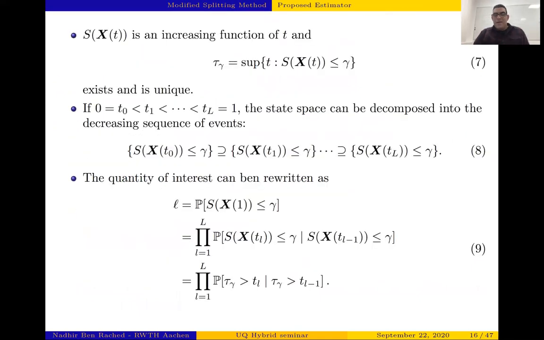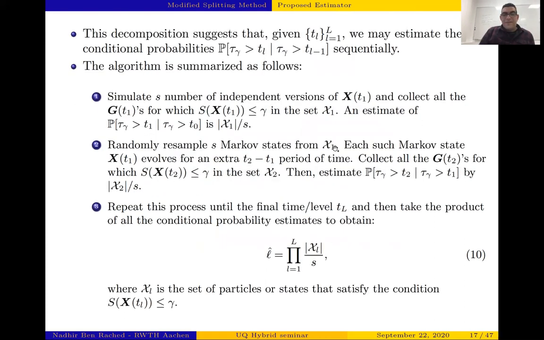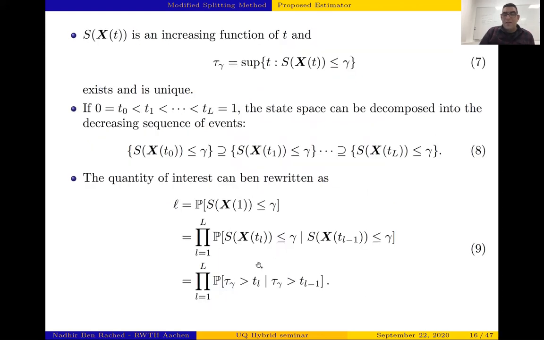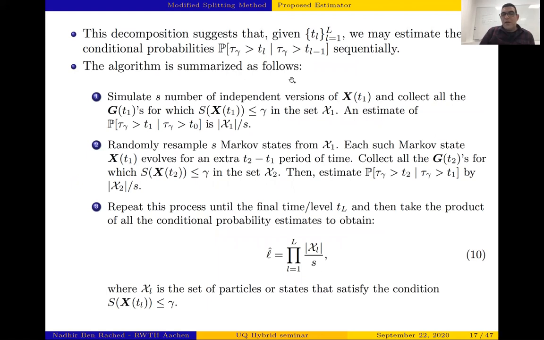Okay. Now, once we write our probability L as a product of conditional probabilities, this decomposition suggests that we may estimate the conditional probabilities appearing in this product sequentially. So the algorithm is summarized as follows. First, we simulate S independent versions of X at T1.